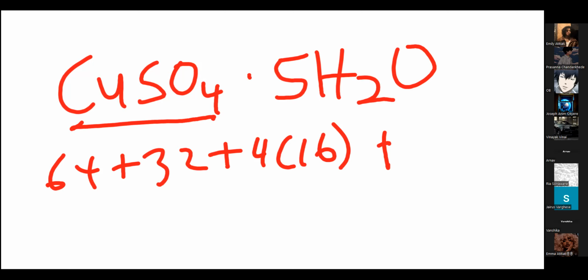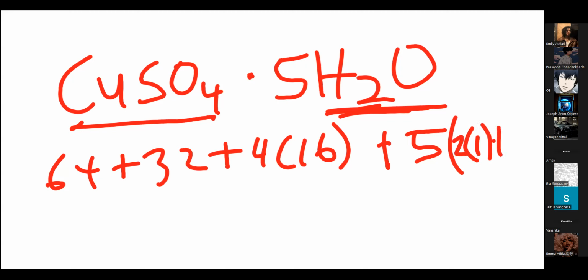Don't do multiplication. Though I know in math a dot means multiplication, here we do plus 5 multiplying the molar mass of water, meaning hydrogen is 1, so 2 times 1 plus 16. You include the 5. There are 5 water molecules.